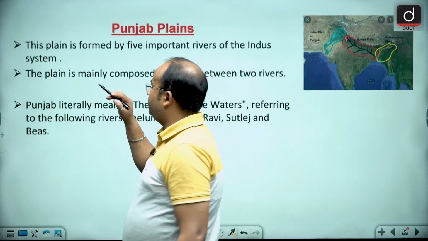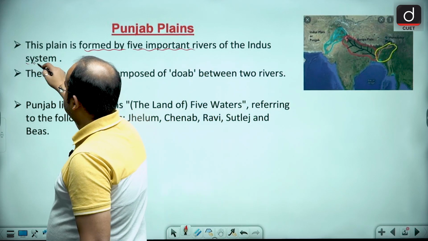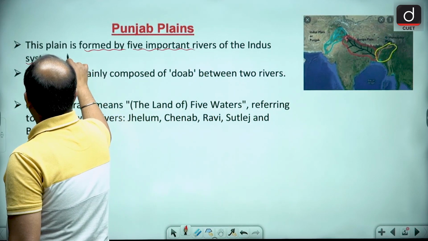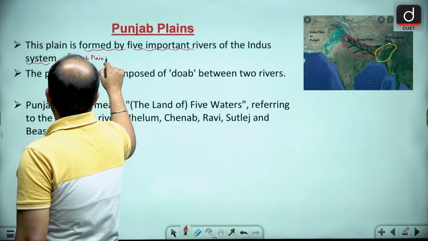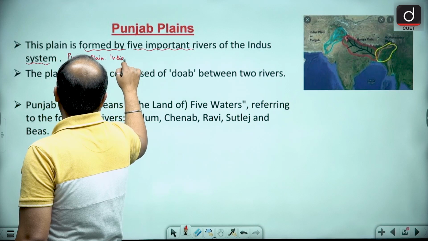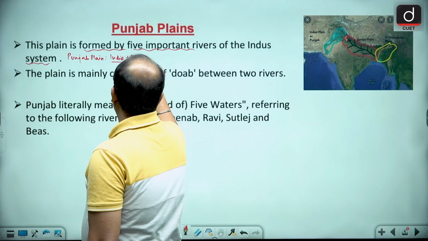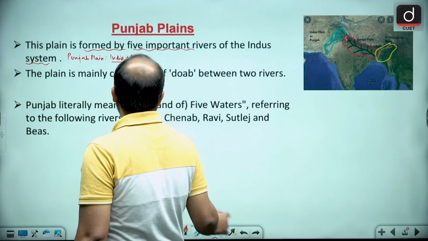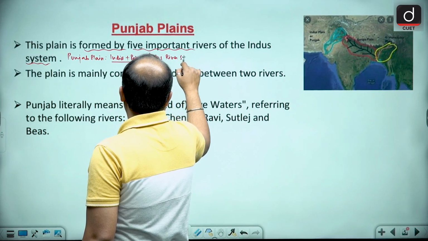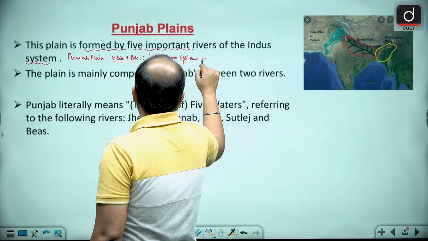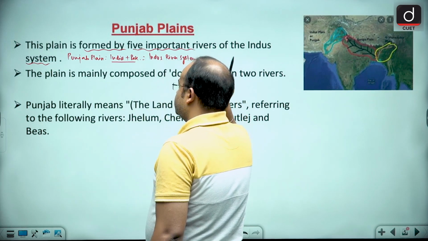So the plain of Punjab is formed by five important rivers of the Indus river system, that is the Indus plus its tributaries.